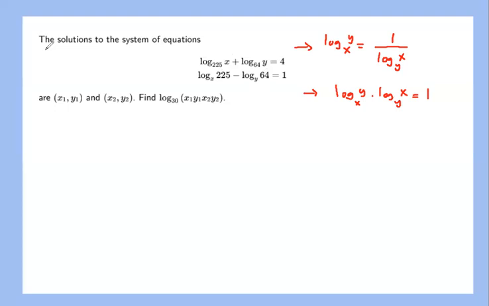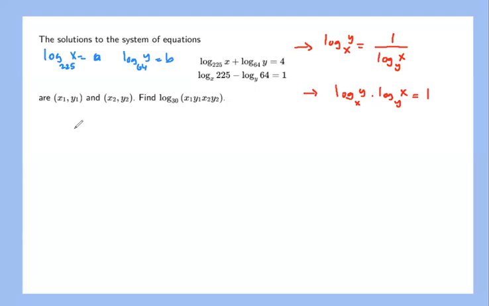The first substitution is this logarithm base 225 of x. I'm going to call this a, and the other one, the logarithm base 64 of y, I'm going to call b. Okay, so let's think about this.